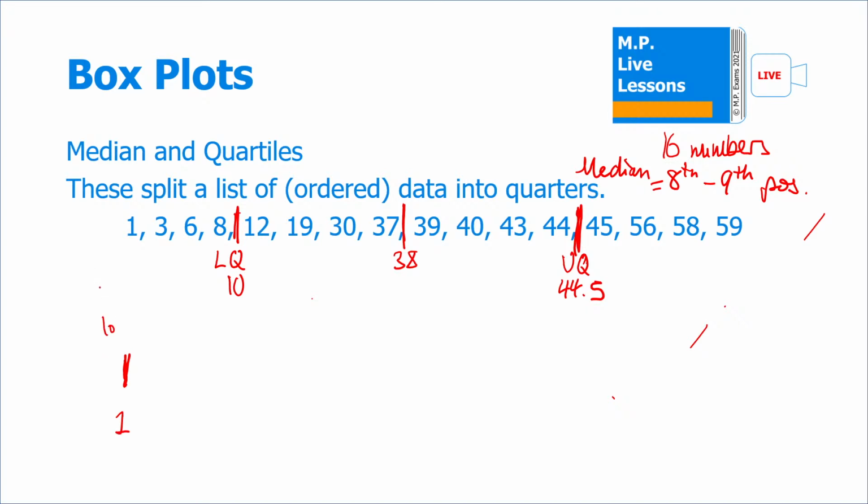So what you then draw for a box plot is your lowest value at one end, then your lower quartile, then your median, then your upper quartile, and then your largest value.